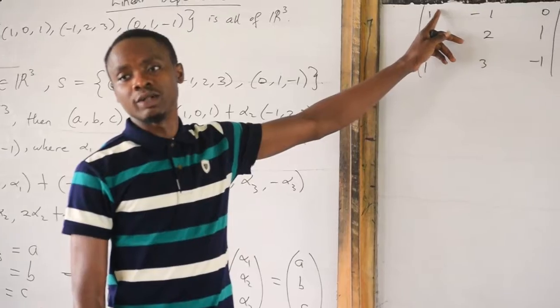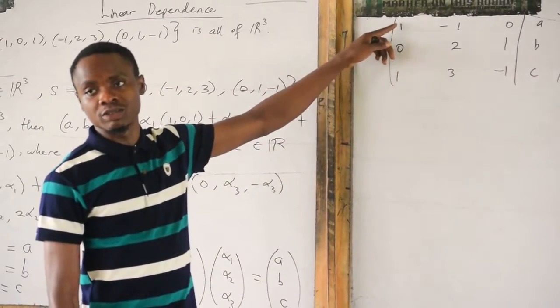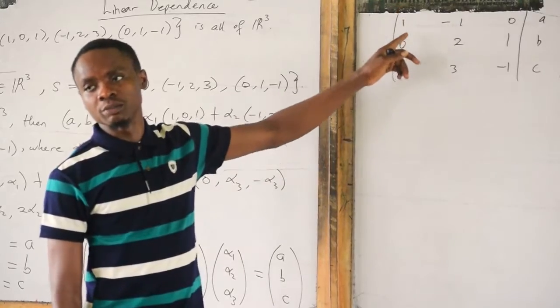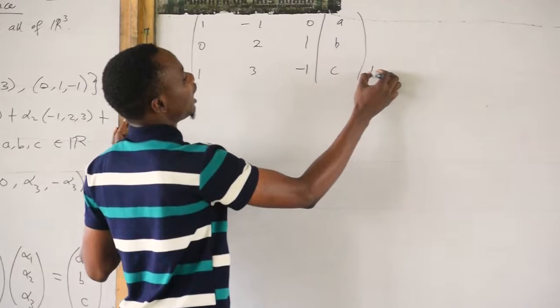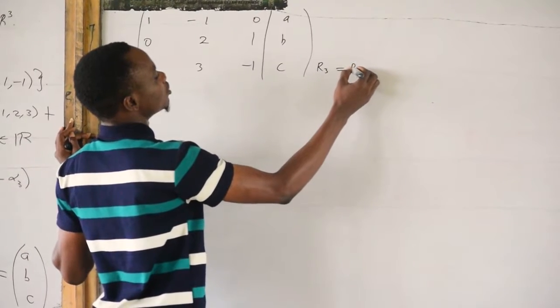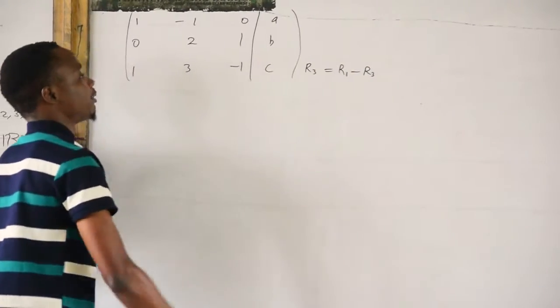The element here is already 1, so there's no issue with that. Because it's already 0, you need to clear every other thing in this column. You need to make them 0. To make this 0, you can just subtract. You can say row 3 equals row 3 minus row 1.